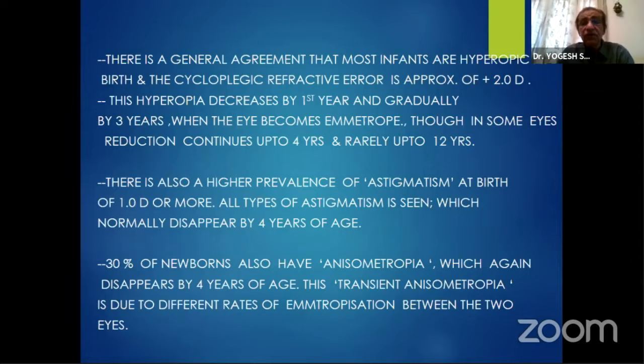It's not something unusual. When the eye emmetropizes by 1 year, 3 years, and 4 years, the rate of emmetropization between the two eyes would be different. So when you come across such patients, if gross anisometropia is not there, you can patiently wait for 4 years, and then monitor the state of development of the refractive errors.